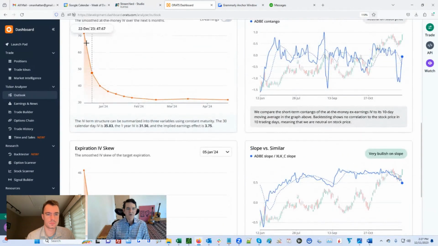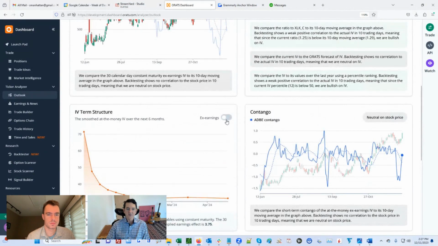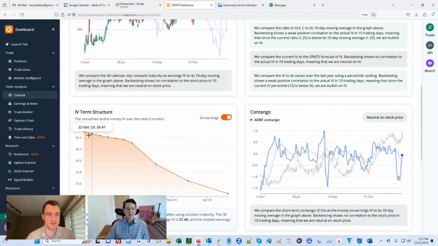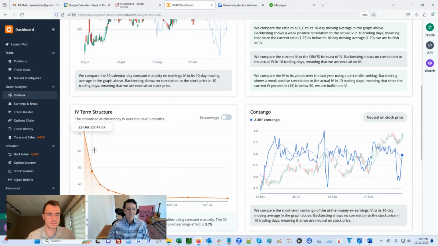You could see the term structure going. I think what you're saying is you could click this off right there, and then that mellows everything down to about a 26 from a 70, almost 50. So that's a little crazy. I think that's what you're talking about, Tyler.